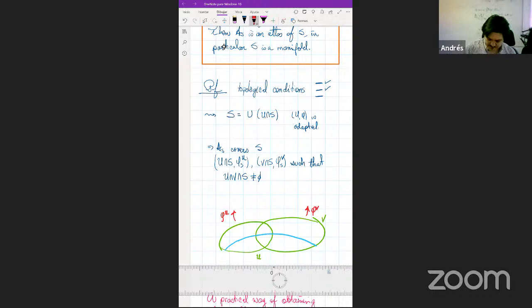And there's a map here that we know that it is C infinity.